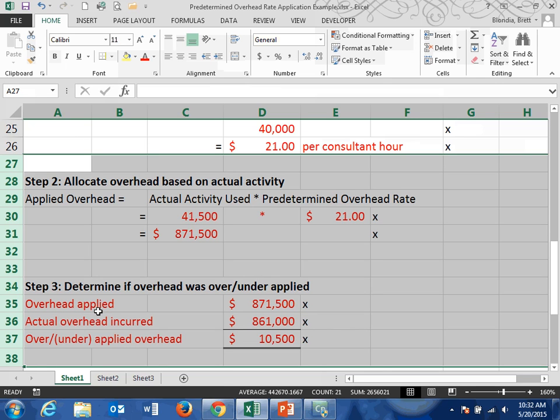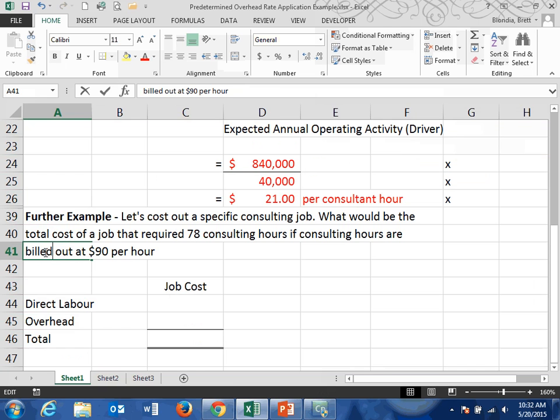The question is, what would the total cost of a job that required 78 consulting hours be if consulting hours are billed out at a rate of $90 per hour? Effectively, this is basically paid to employees.